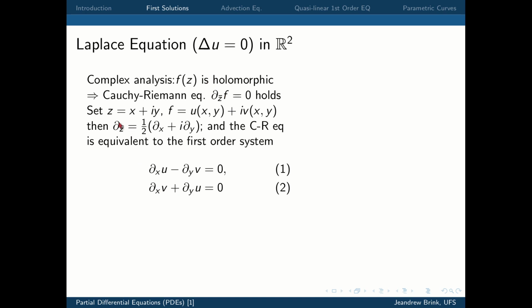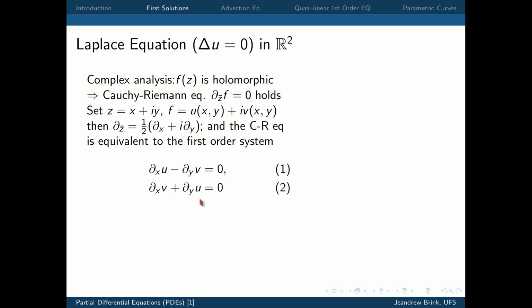So you simply apply this operator ∂z bar to f, group the real and the imaginary parts, and you get that the real part is ∂xu minus ∂yv, and the imaginary part is ∂xv plus ∂yu. These are the Cauchy-Riemann conditions.